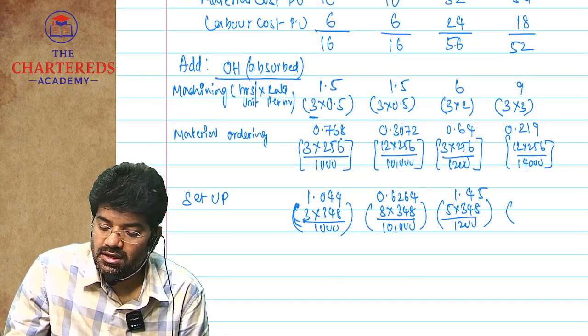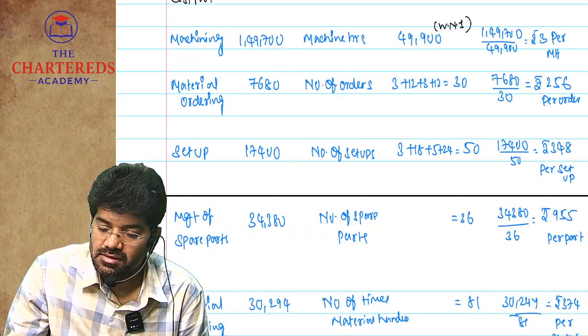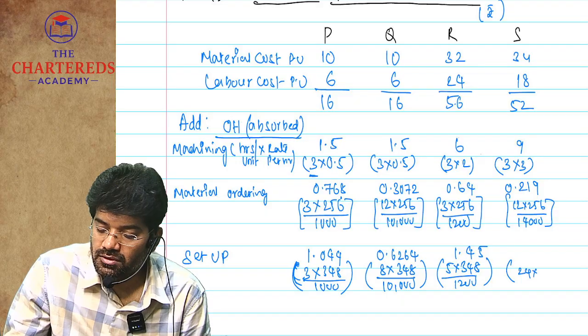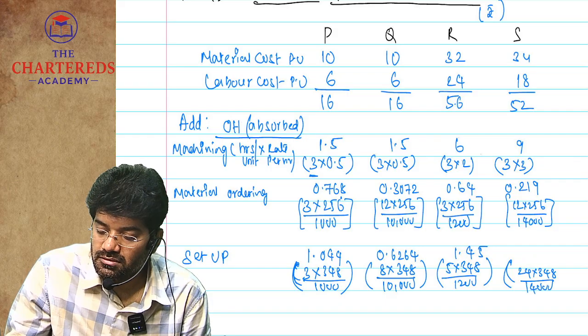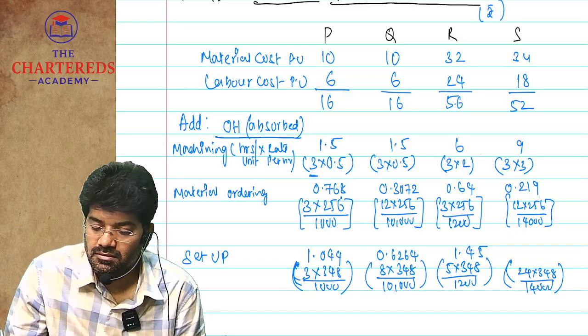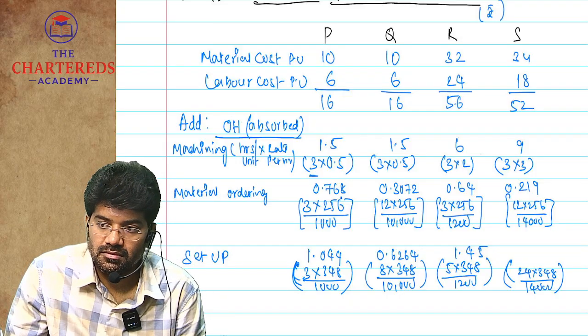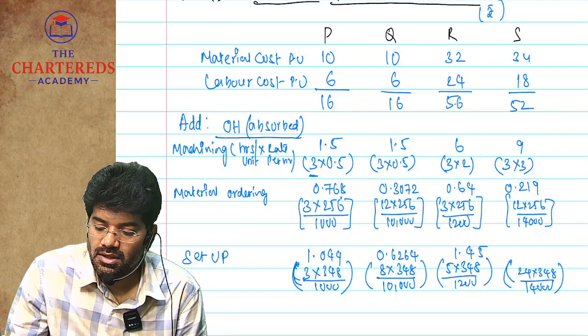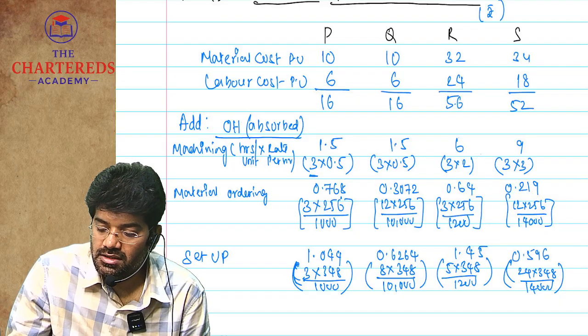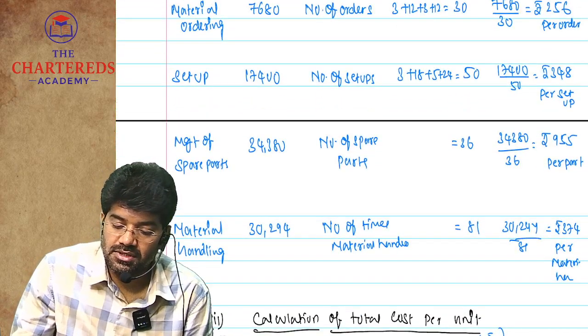Here, how many setups are required? 24. 24 into 348 divided by 14,000. 0.596. So setup is also done.